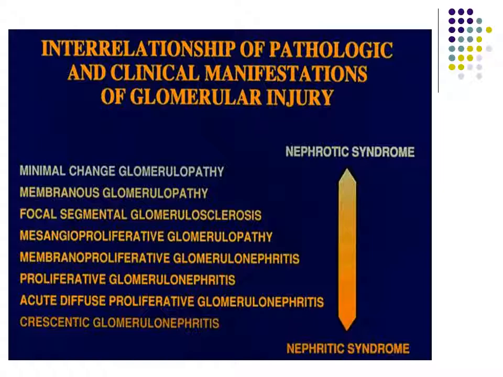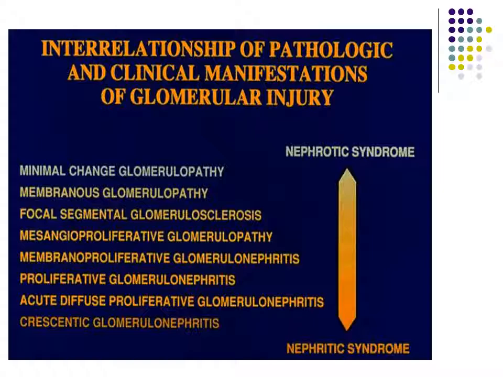But if you go back to the morphology, or more specifically to the etiology, you will see there are multiple diseases which can have a common clinical presentation. So there is a spectrum in which you can see pure nephrotic syndrome or pure nephritic syndrome, or there could be a combination, more or less, of these.